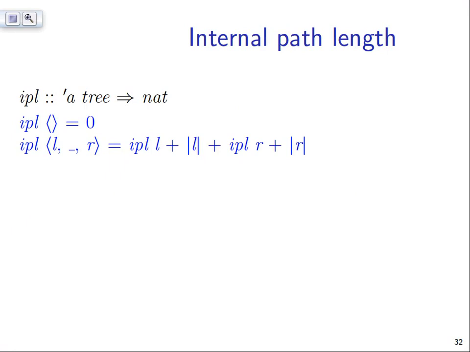Each path in L and R is just short by 1, because you want to count from the root and not from the root of the whole subtree. So what this does, when you also add the number of nodes in L, you're adding 1 for each node in the subtree, and that's just the one that's missing because you came from the larger tree. And you're doing the same thing on the right side.